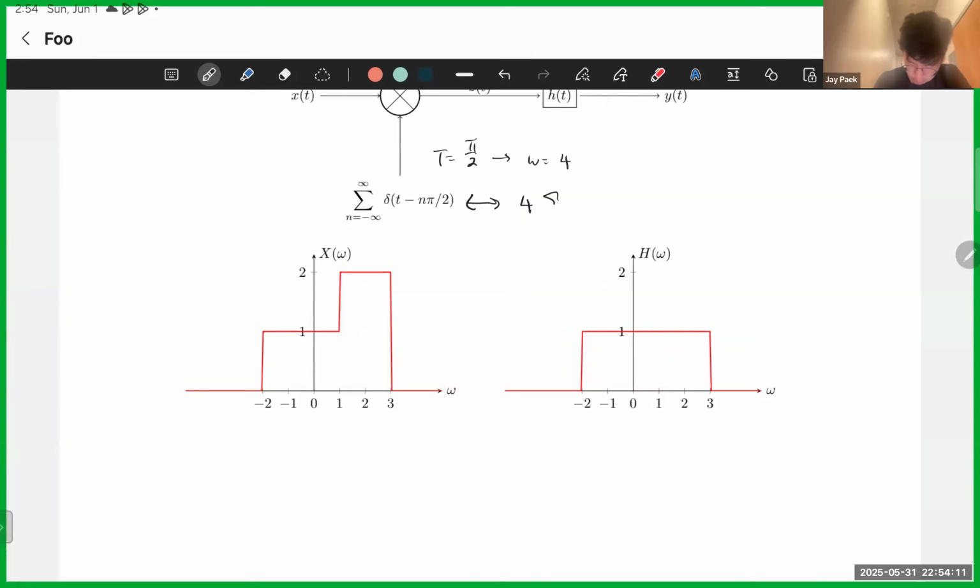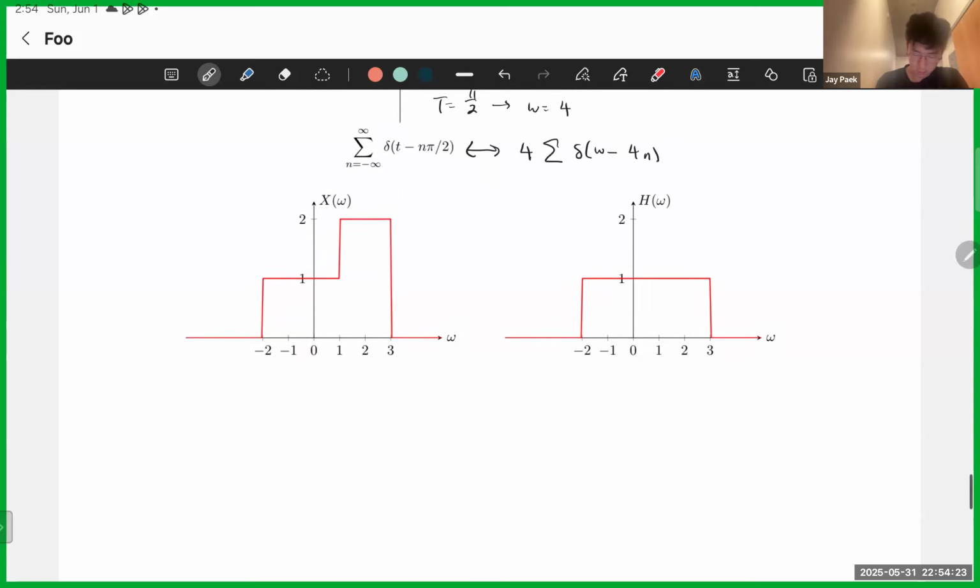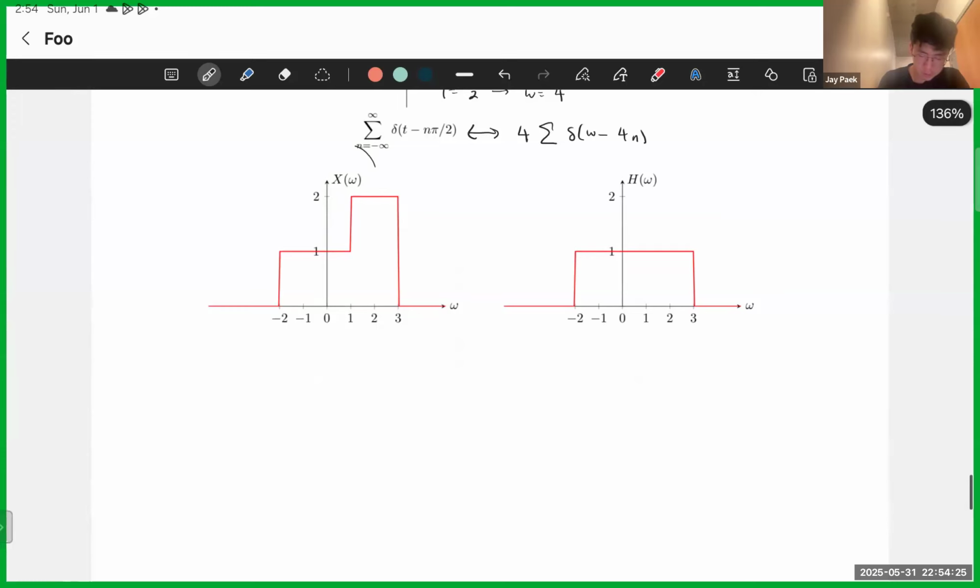For t equals 4n, I lied, it should actually be omega. There we go. And so what does this mean? We're gonna place copies of x of omega spaced out by 4.